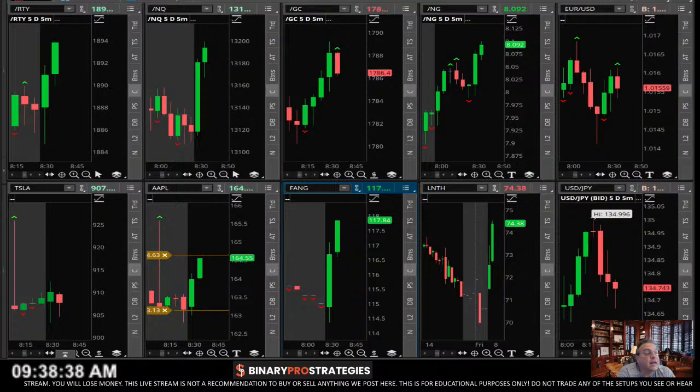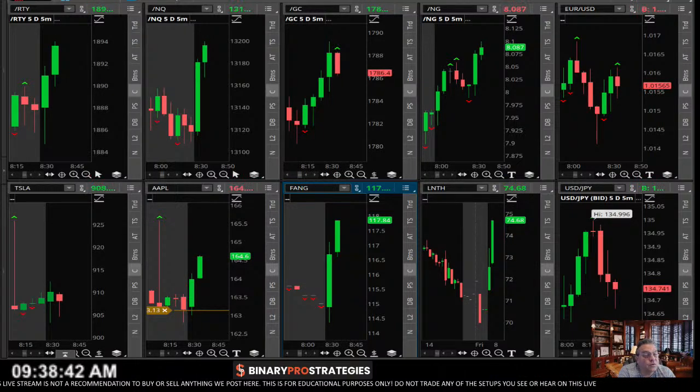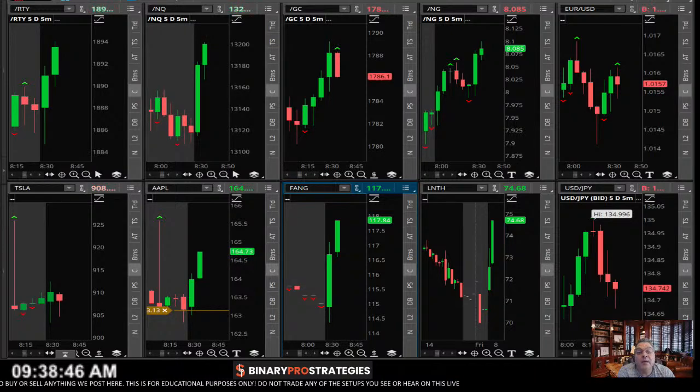I'm watching the mini NASDAQ. Profit target hit. Watching mini NASDAQ for a potential buy coming up. Apple the stock just hit target out of that.